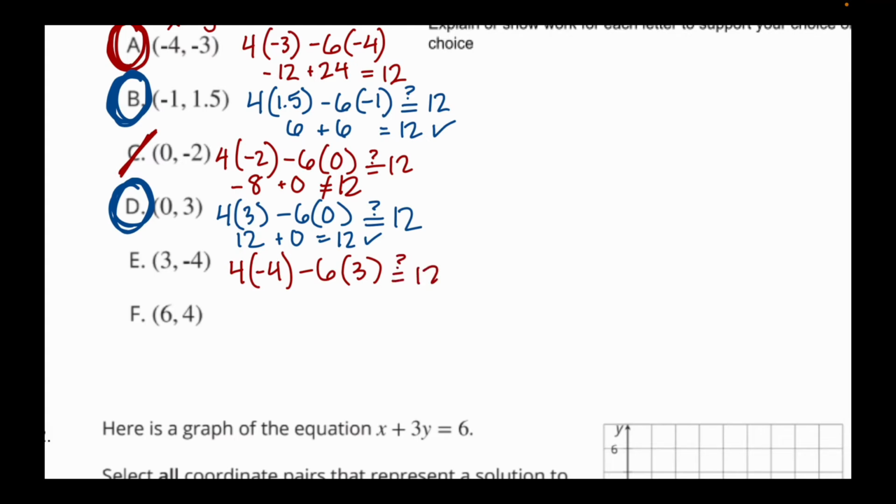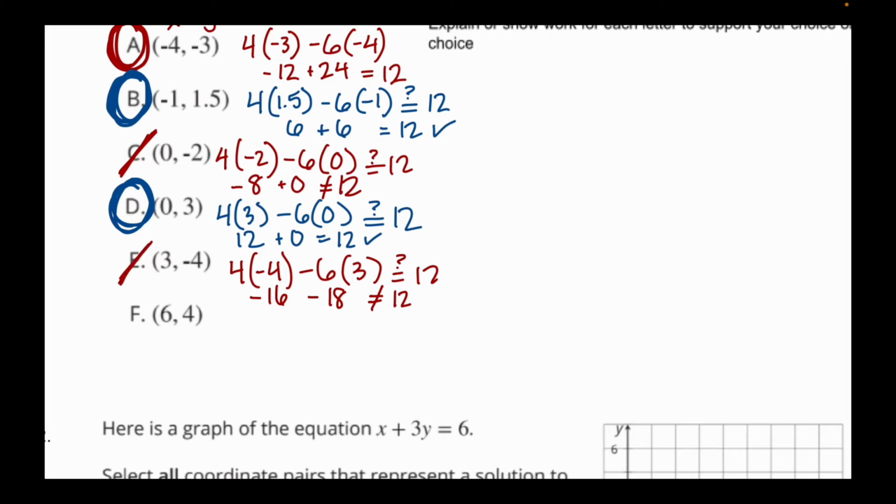So this makes negative 16, and negative 6 times positive 3 would give us negative 18. That is not going to be equal to 12. It's going to be definitely a negative number, and we wanted a positive 12. So E is not one of our options.